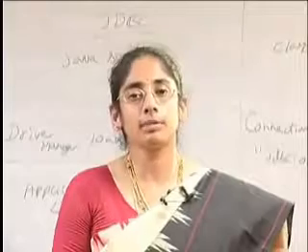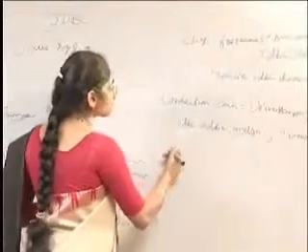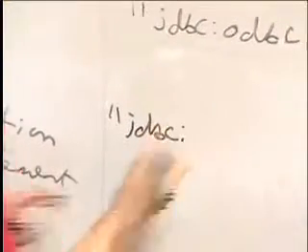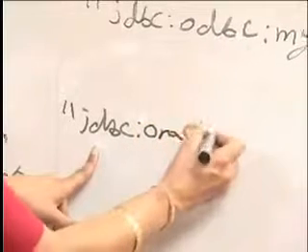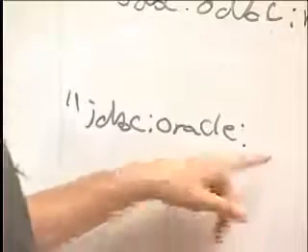So how do you specify whether thick or thin driver? That is done in the getConnection method. In the getConnection for the Oracle driver, you specify the main protocol, that's JDBC. Subprotocol should be Oracle, followed by whether thick or thin driver.